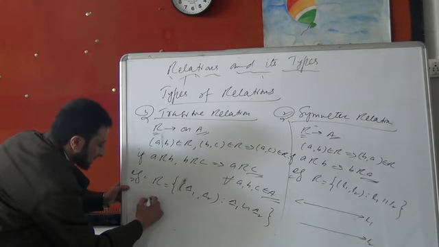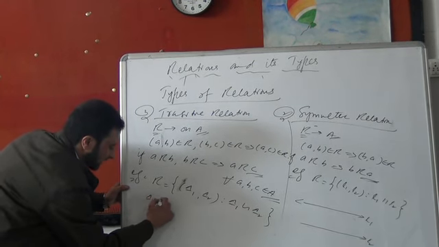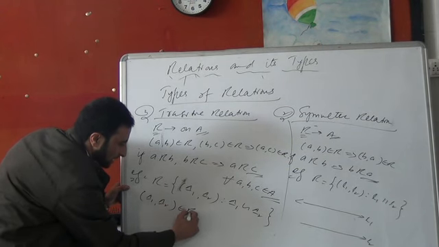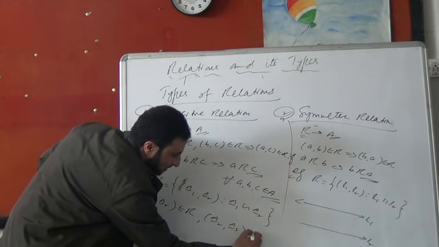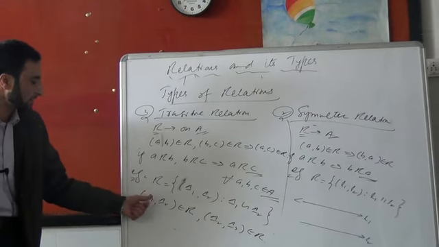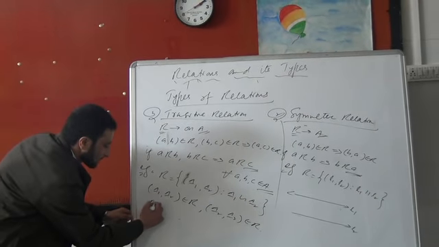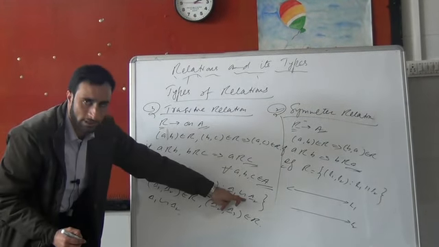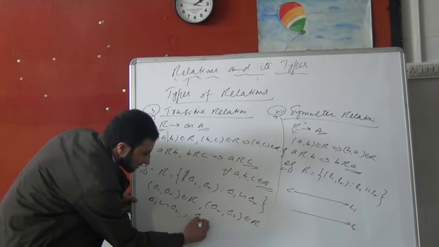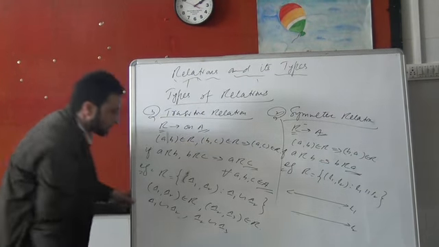Because if we take first of all two triangles, (triangle 1, triangle 2) belongs to R, then we take (triangle 2, triangle 3) belongs to relation R. In this case, triangle 1 is similar to triangle 2 because it is given in the relation. Then you have triangle 2 is similar to triangle 3.